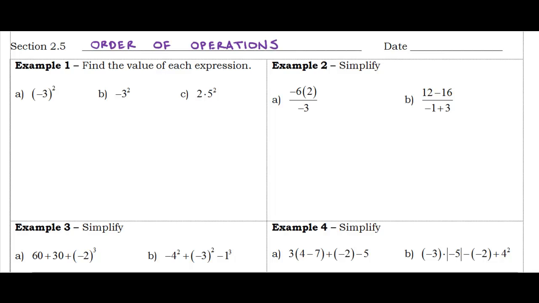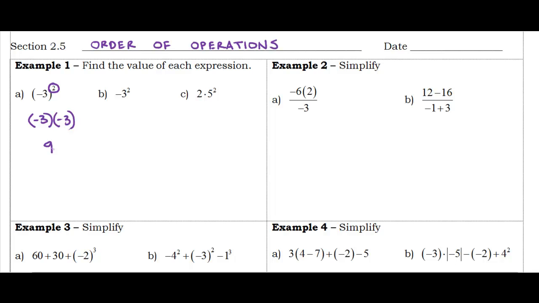Alrighty, so we've already kind of talked about this next topic, the order of operations. In A, what appears twice? -3 appears twice. And we get 9.